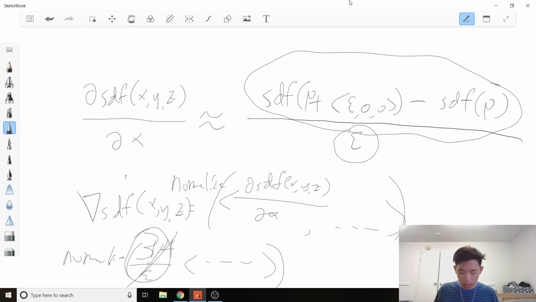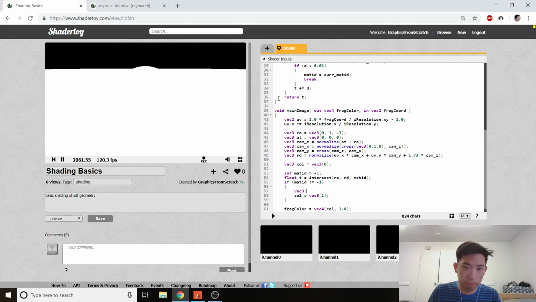So what we want to do for these models is move the shaded point back towards the camera a little bit and do the approximation, so that it makes sure each sample that we take for approximating the rate of change is outside of the surface. That way it's more accurate. So we've got to be careful when we do approximations like this. So why don't we start off by computing the normal of the scene, all right?